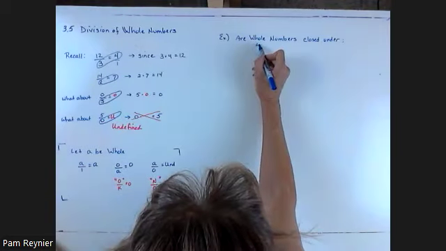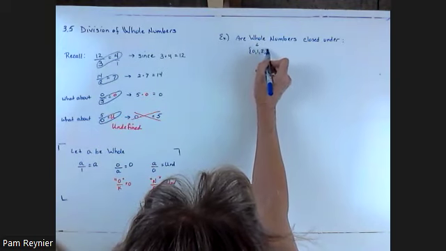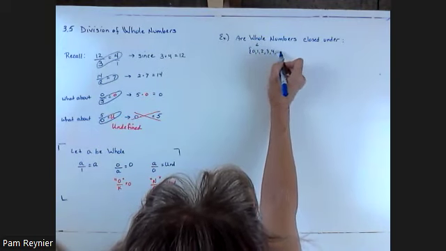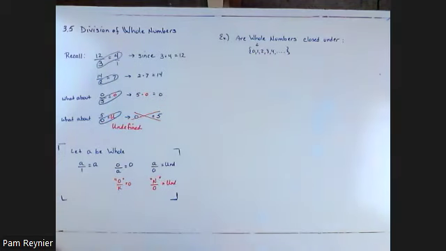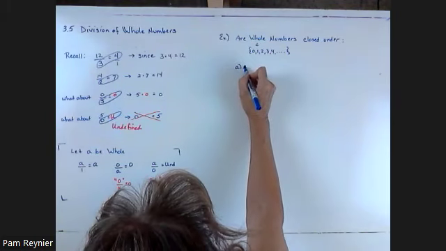We know whole numbers. Remember, that's the set that starts at 0 and then includes all the natural numbers after that. So those are the whole numbers we're talking about. So are whole numbers closed under addition?